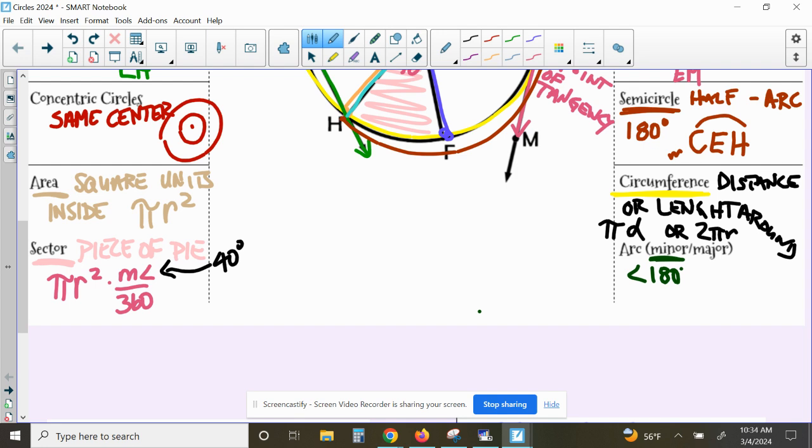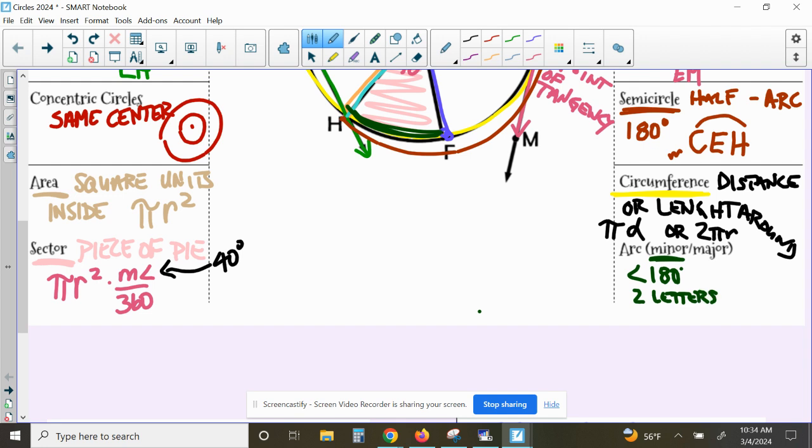And I can see one right here in my picture. Do you see the little one? From H to F. See that one? So we name minor arcs with only 2 letters, with a little arch on top.